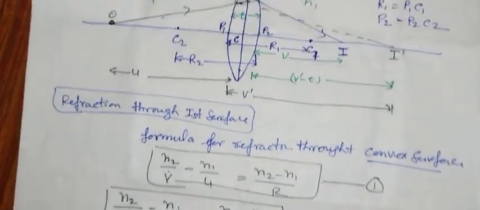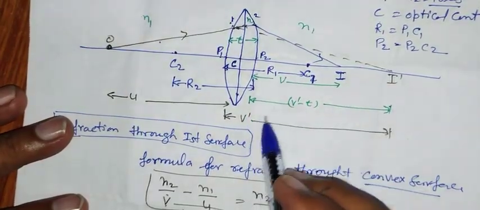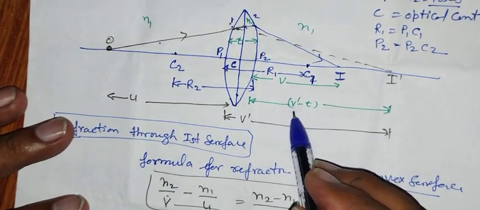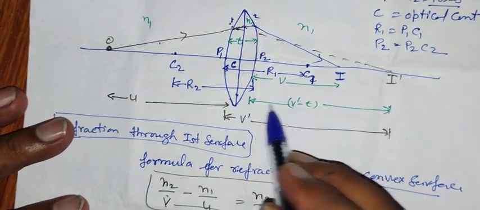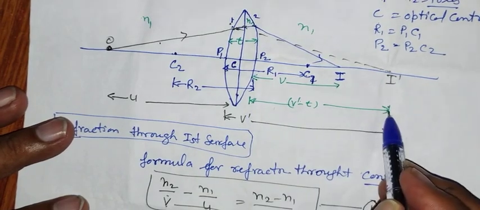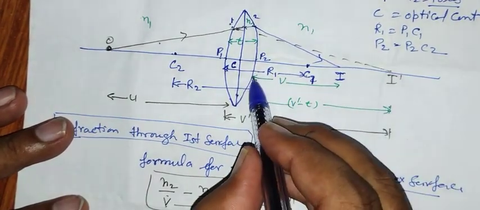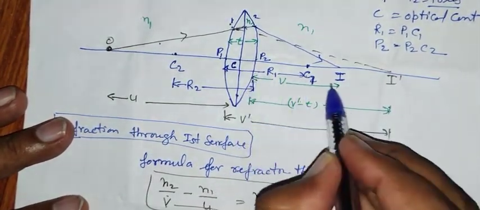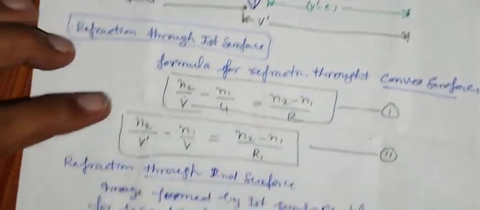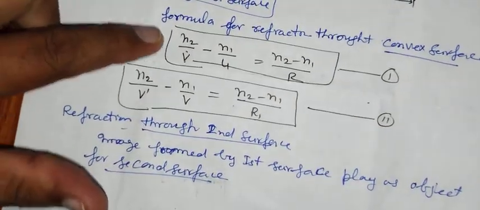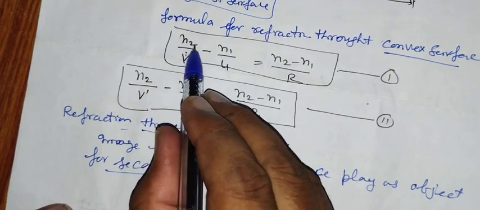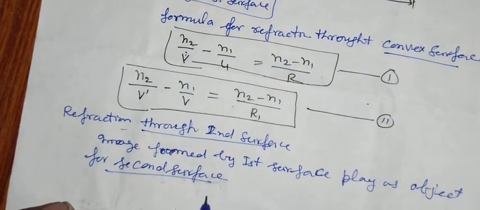If this is the situation, then V dash minus t behaves like a u, and V is here in this case. So the lens maker formula can be taken here. N2 is N1 and N1 is N2.